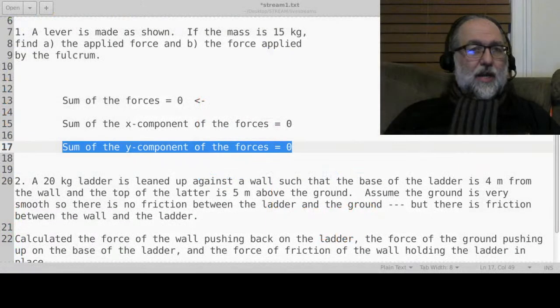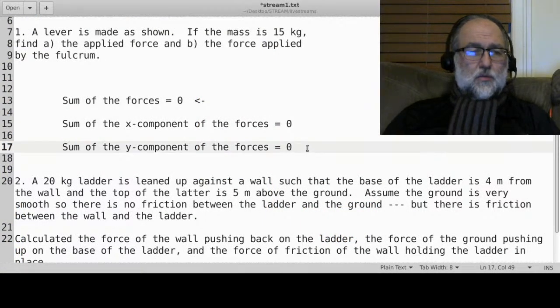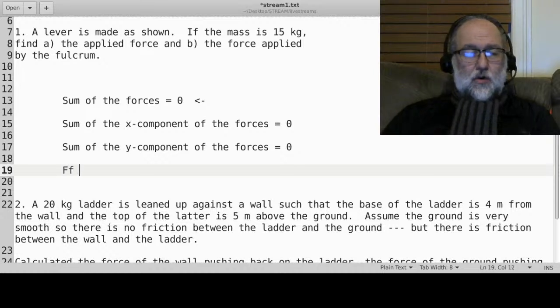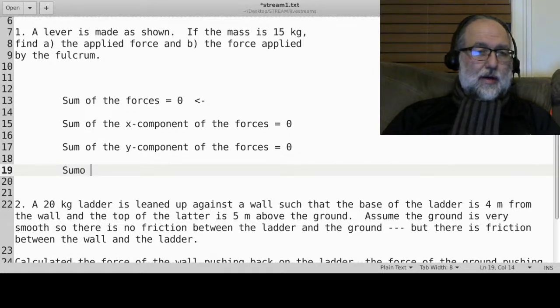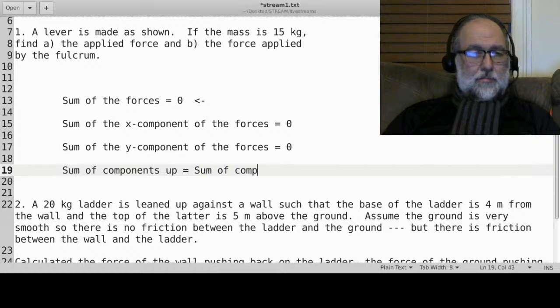So over here, we could even write it this way: the sum of the force components up must equal the sum of the force components down.